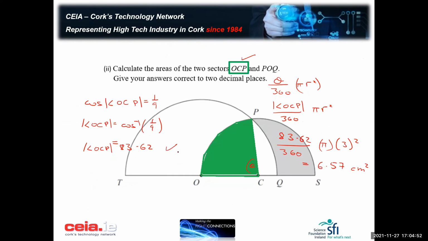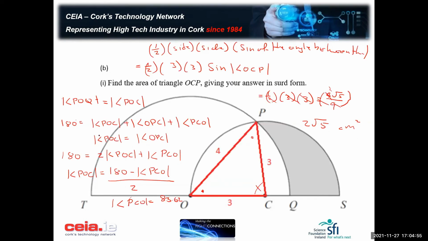So the measure of angle POC equals 180 minus 83.62, all over 2, and that equals 48.18. So that is the measure of angle POC.